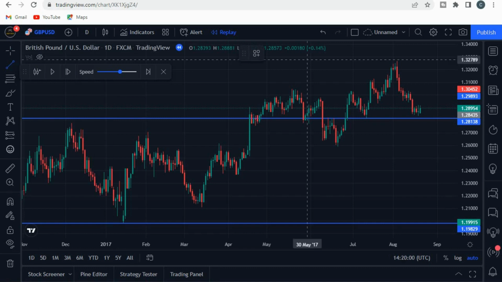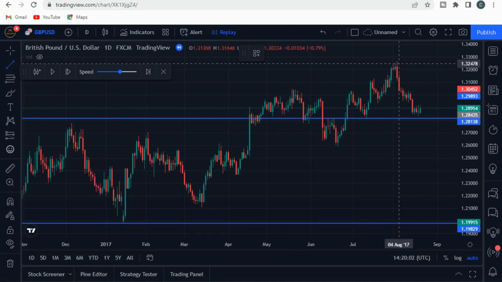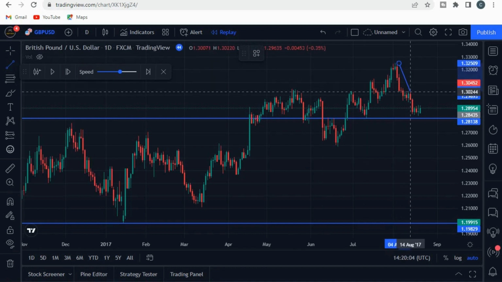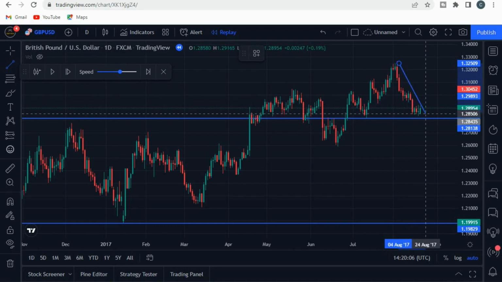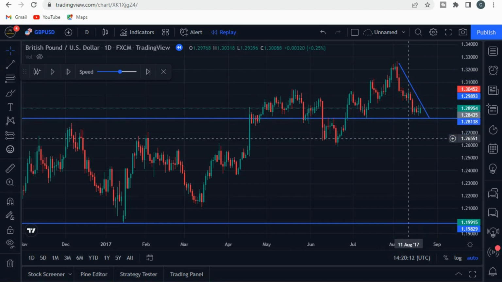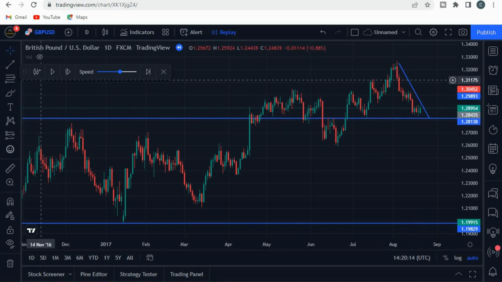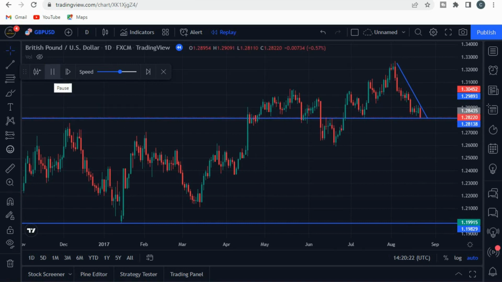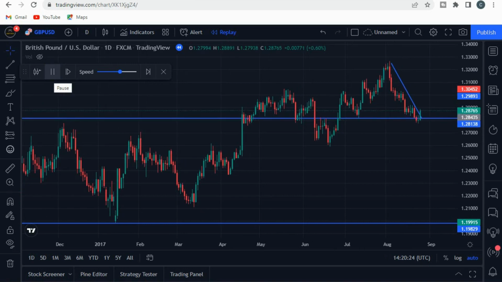Remember, we saw that support level on the weekly time frame. Now we can see that the market is trending down on the daily time frame. Are you getting it? Let us see what the market does at this level. So that is the first way I trade my support, my breakout strategy.